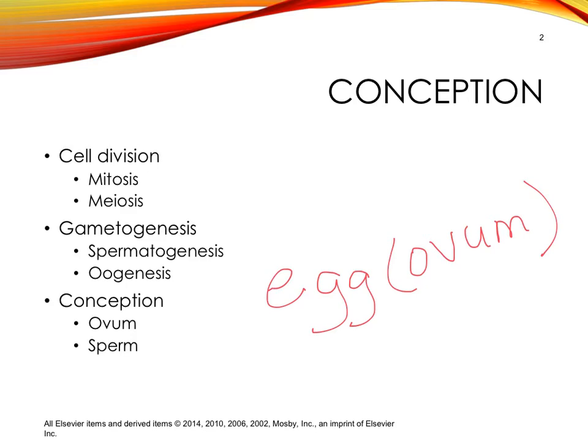We know that it is important that we have an ovum and a sperm in order to become pregnant or to conceive. Just a couple of things. The sperm or semen: if you take just a teaspoon, you have 200 to 500 million sperm floating around.